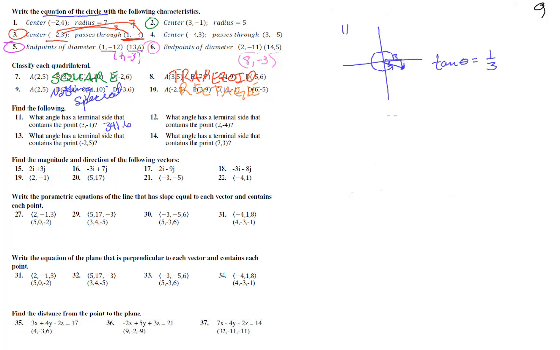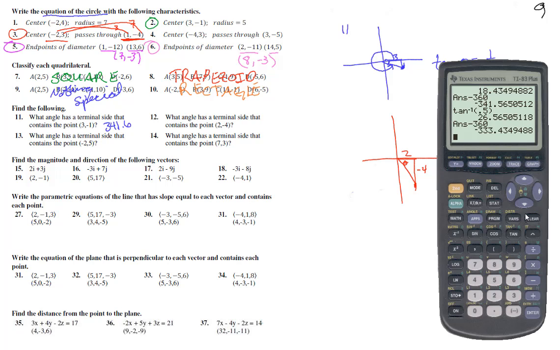Terminal side that has 2, -4. So 2 over, down -4. So here's 2. Here's -4. So we'd write the tangent of theta equals opposite 4 over 2. So let's plug that in and get tangent inverse of 2.